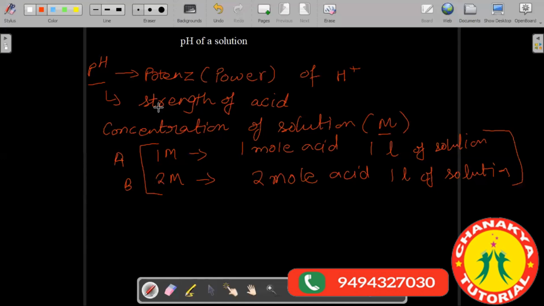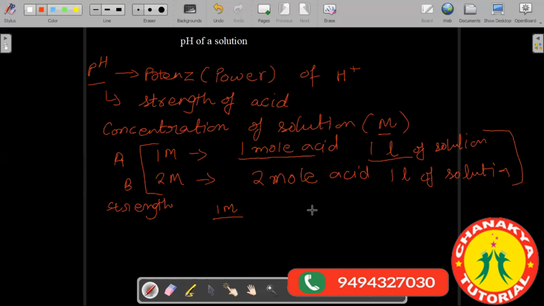The next topic is about the strength of an acid. Strength means how strong the acid is. Suppose I am taking 1 molar solution, which means there will be 1 mole of acid in 1 liter of the solution.